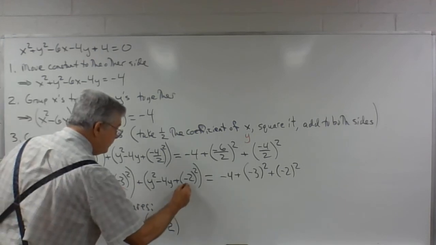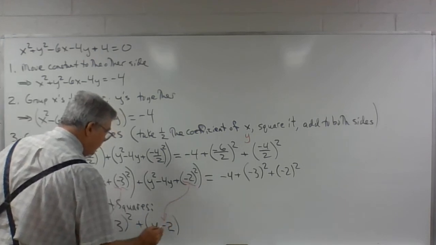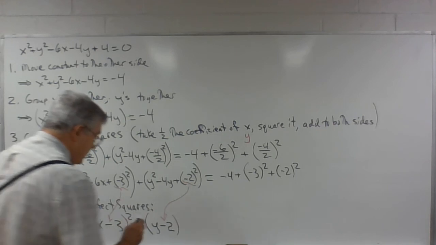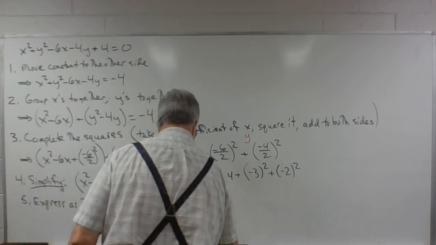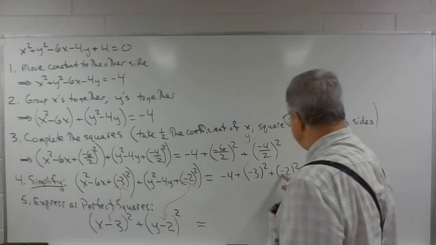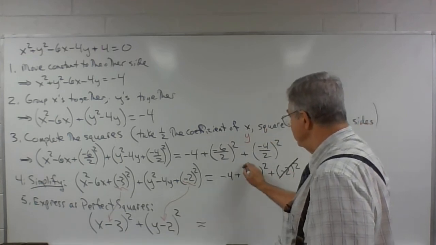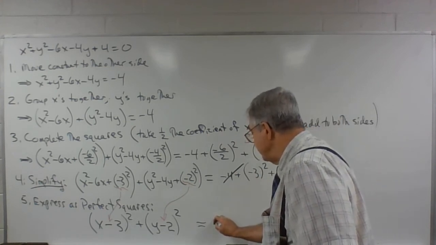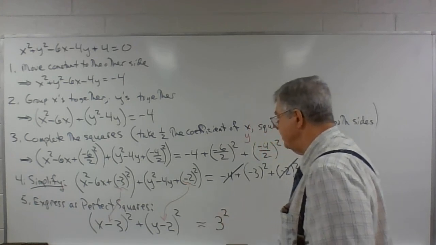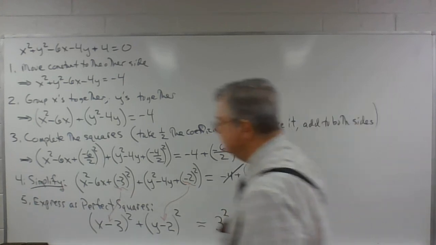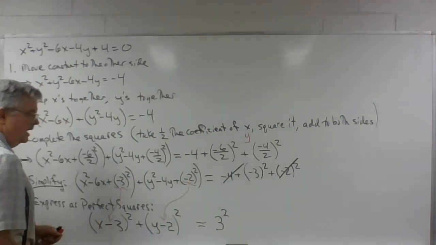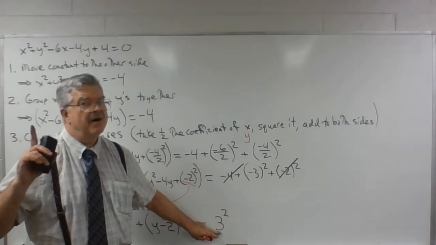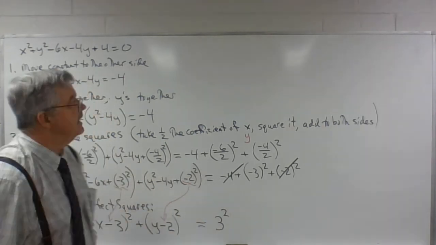This negative 2, we're going to bring that down along with its negative sign, squared. And over here we have 4. Negative 2 squared is a plus 4. Those cancel out. Negative 3 squared is 9, or positive 3 squared. And the reason I'm squaring it, I want this to be r squared. And remember, r is a distance. It can't be negative, right?